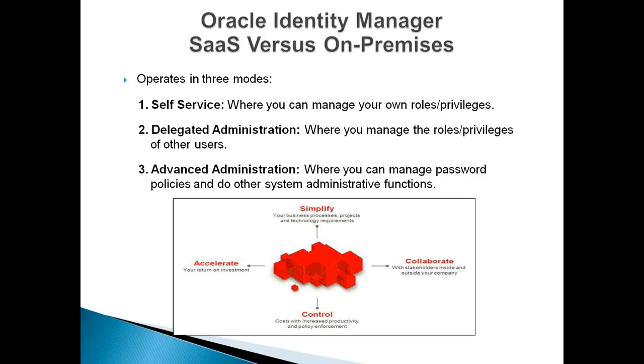The Oracle Identity Manager in a SaaS application, or the Fusion cloud applications, operates in three modes. One is self-service mode, delegated administration mode, and advanced administration mode. In self-service mode, the OIM administrators, or Oracle Identity Manager administrators, can manage their own roles and privileges. That is the self-service mode.